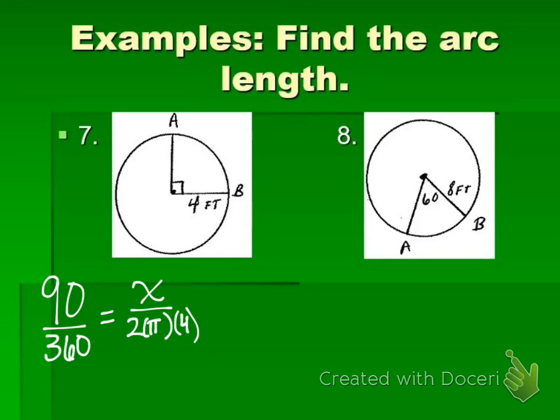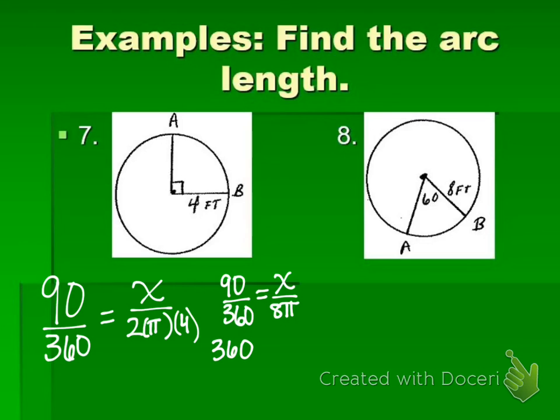I would agree with that if you want to go ahead and write it as 90 over 360 equals x over 8 pi, or you want to go ahead and multiply 8 times pi, that's fine. I don't like to multiply by pi until the end. It should not really affect your answer, though, if you multiply it earlier.